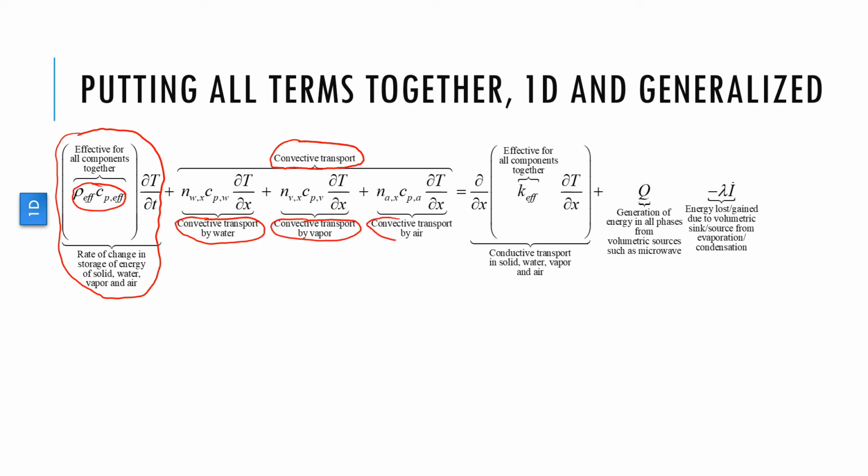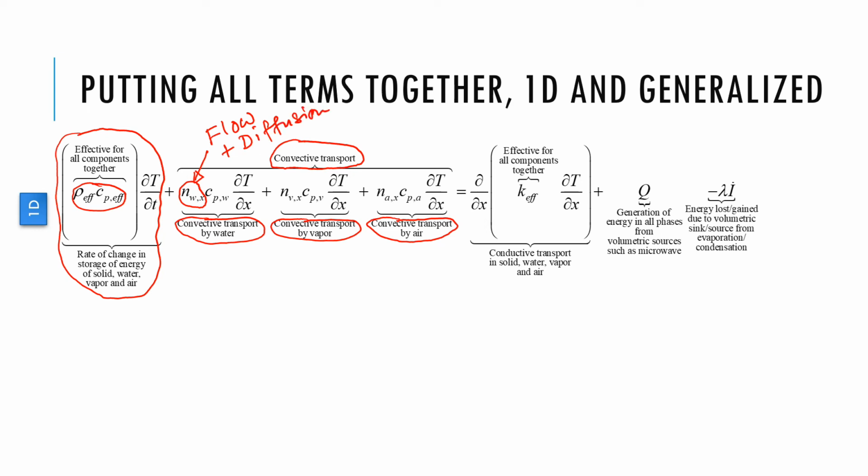So energy carried by each of the phases, where NWX is the flux of the water phase. Remember, this flux includes flow plus diffusion.